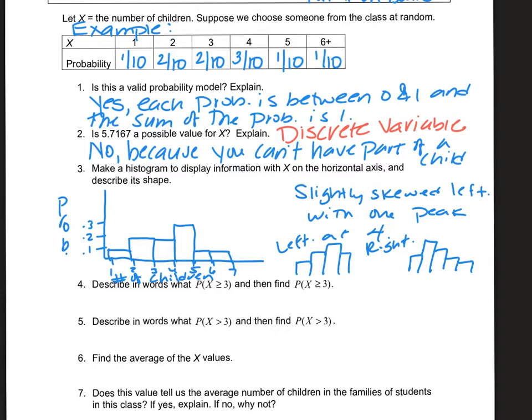Okay, now number 4 says, describe in words what the probability of X greater than or equal to 3 means, and then find the probability that X is greater than or equal to 3.